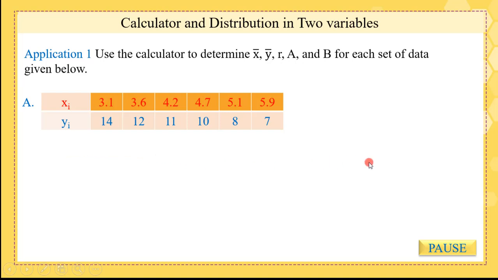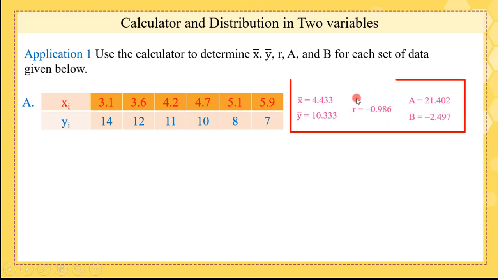If not, please repeat watching the video or the slide before to complete this one. So x bar is equal to this number, and y bar, r, a, and b. Remark here that r is a negative value.